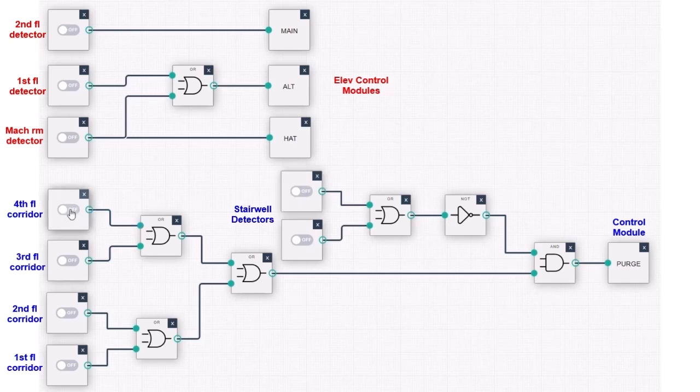So the way this operates, any of these detectors will turn on the purge fan in the hallway, but if a smoke detector in the stairwell activates, you'll see that it shuts off the purge fan.